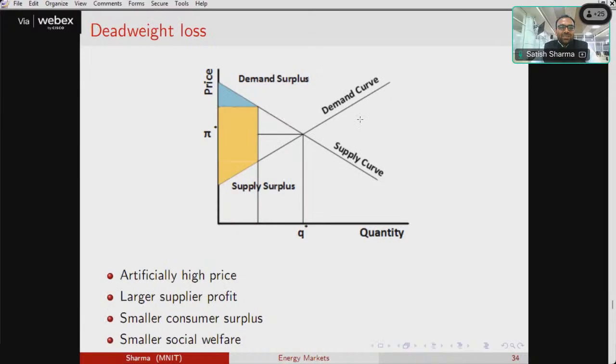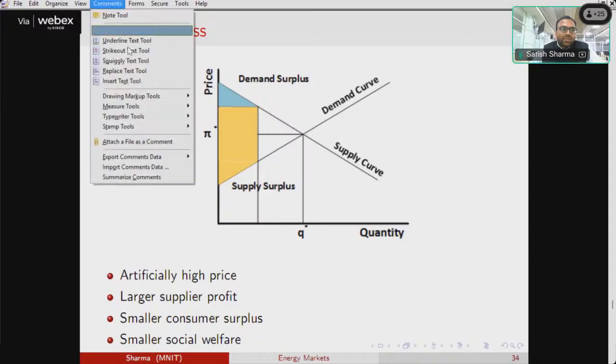Okay, so next is, let's say due to some reason, some artificially high price is set up. So let's say the price is here.